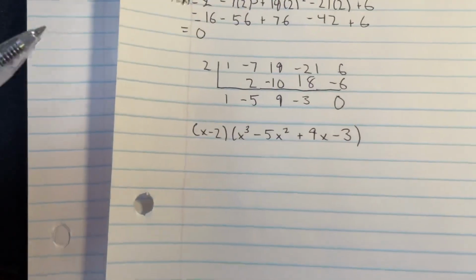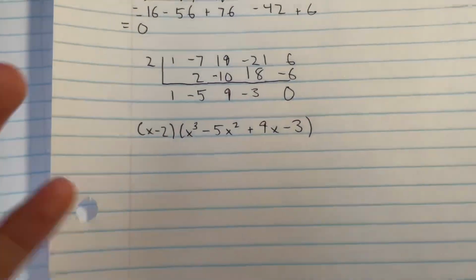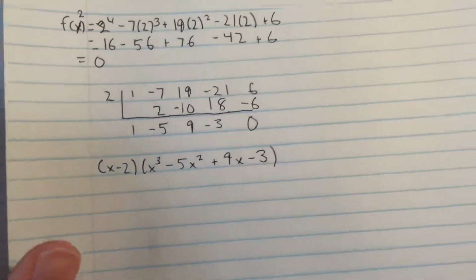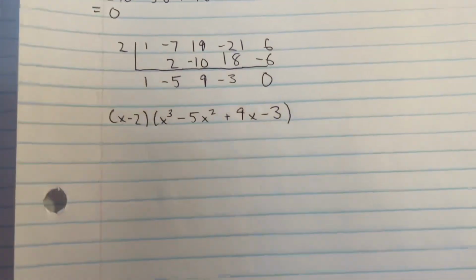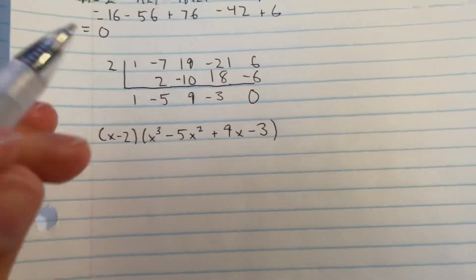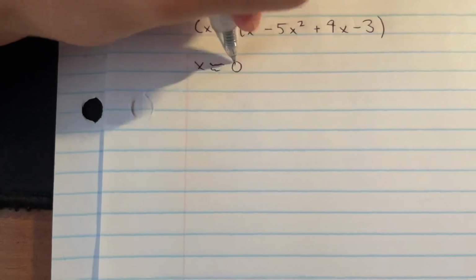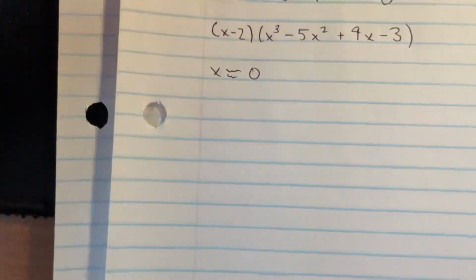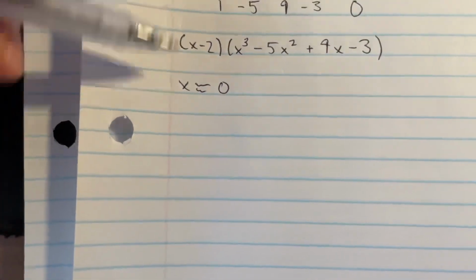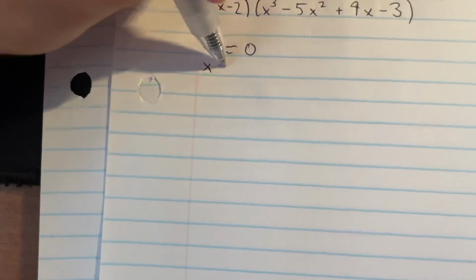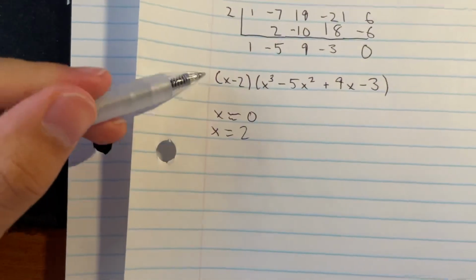So what we would do here is use Newton-Raphson, finding the derivative, to get an estimation of what a root could be. To save us some time, I already know that x is going to be close to 0. And we also know that x is equal to 2 because we just did that. Okay, that was kind of long, but almost done.